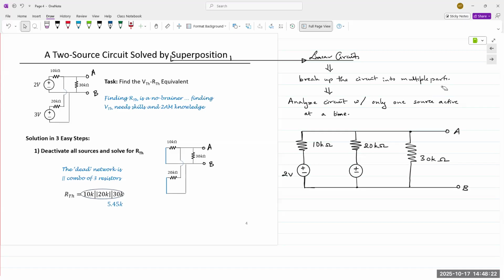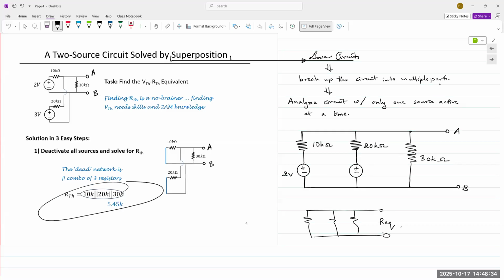If you wish to find Req, the voltage sources are shorted, and my Req is simply these three resistors in parallel, so 5.4K. Make sense? Any questions?